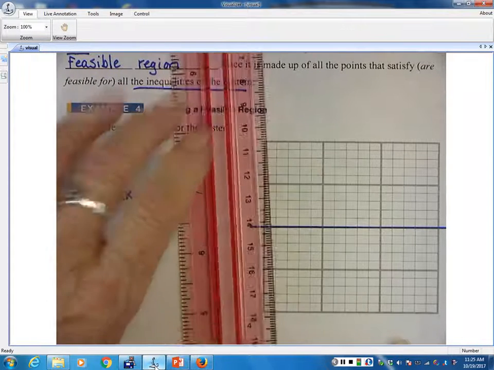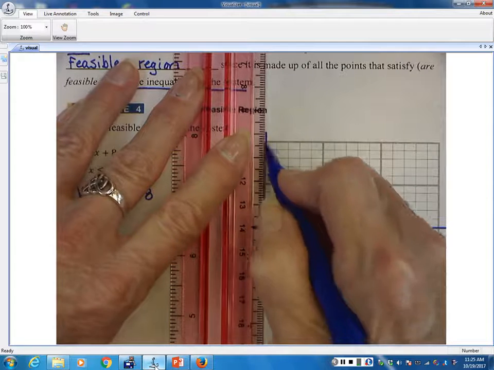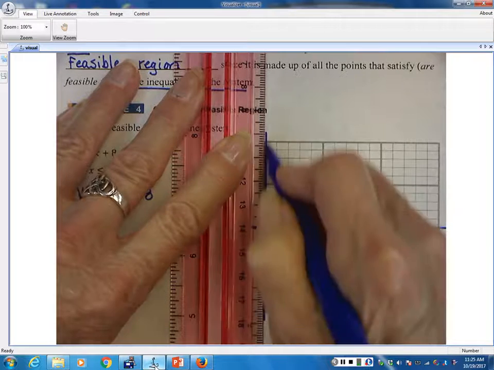And I think I'm going to put my axis over here on the side, and I'll explain why in a second.